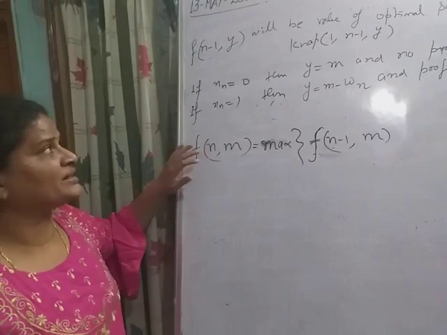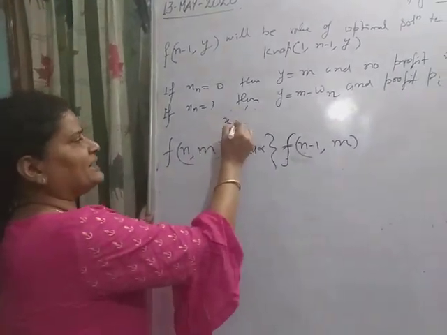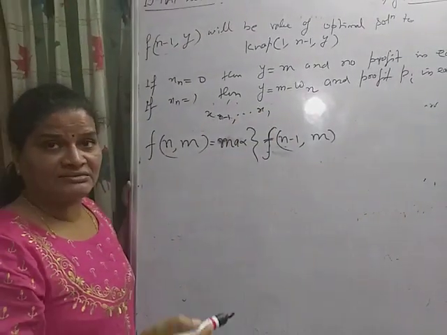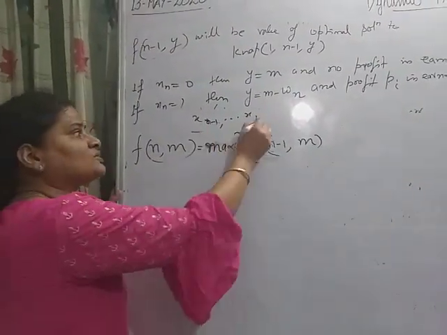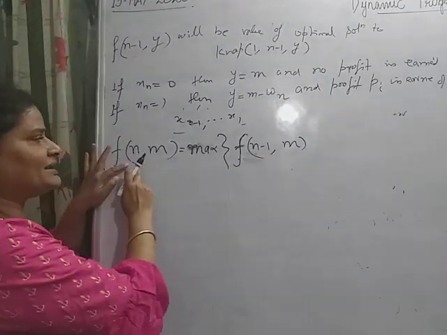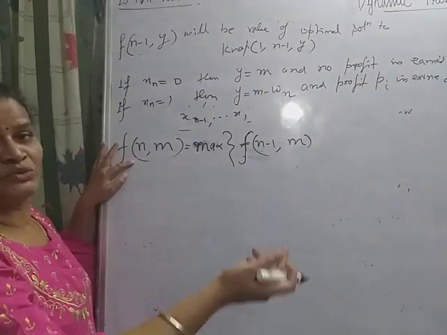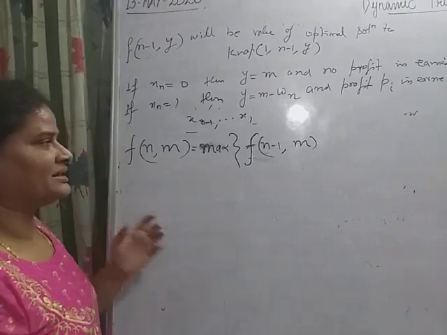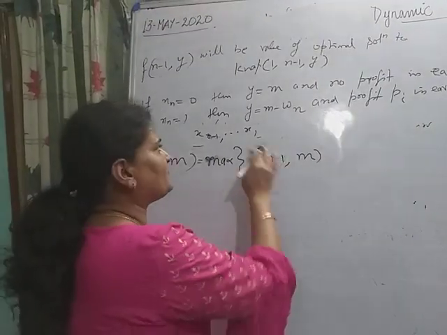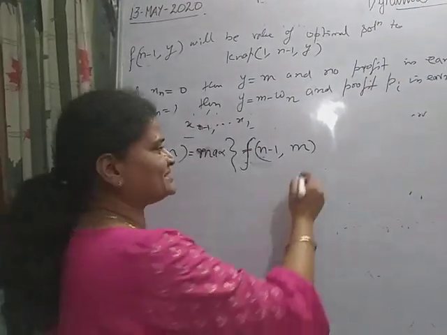So the profit of the remaining sequence, n minus 1 and so on, because the principle of optimality holds, will also give the maximum profit. So if the nth object is excluded, this one is the profit of the remaining decision sequence.